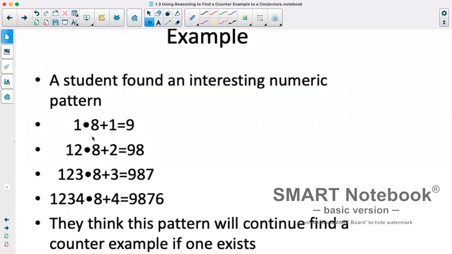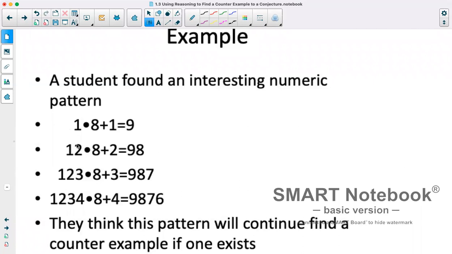If they took 12 times 8 plus 2, that gave them 98. They took 123 times 8 plus 3, they got 987. They took 1,234 times 8 plus 4, that gives us 9,876.